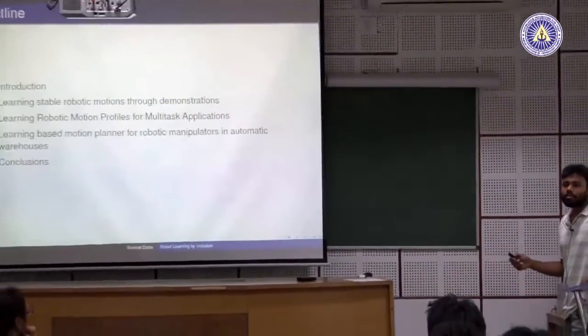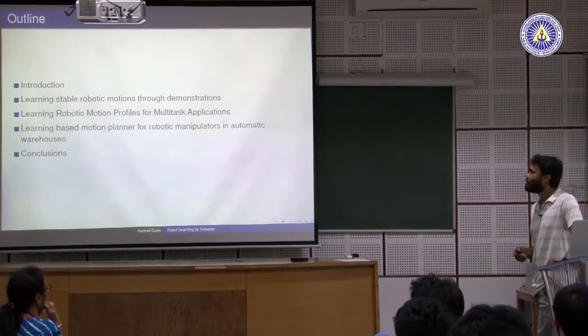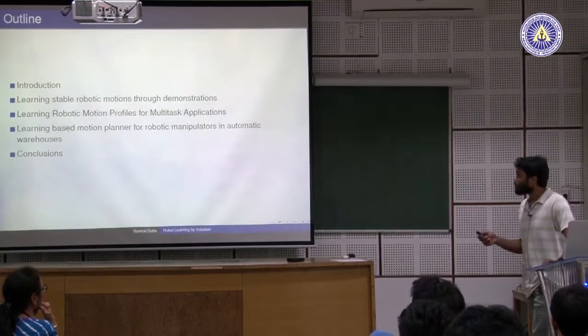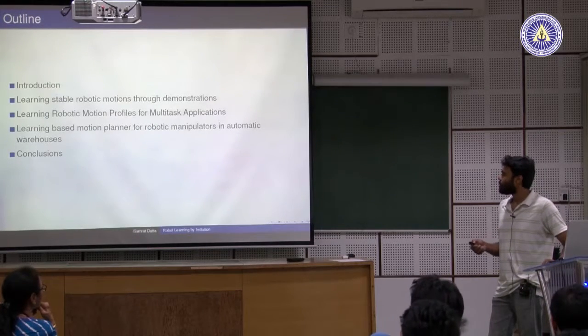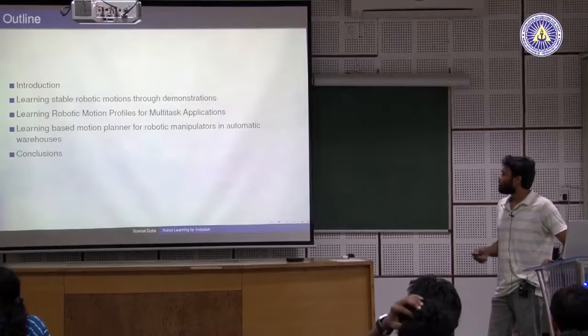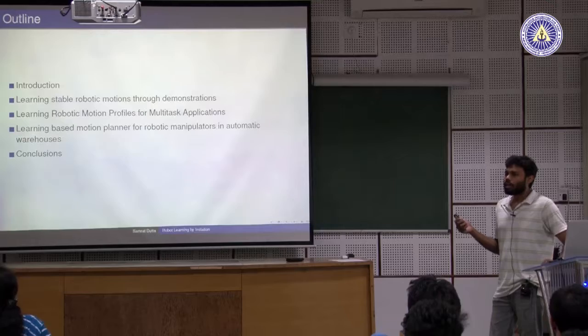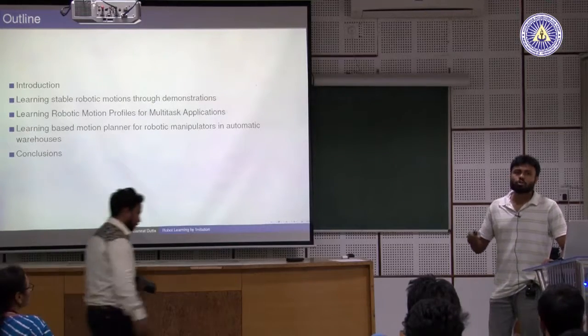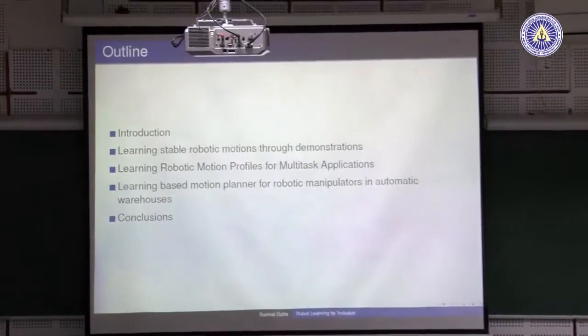First I will introduce what imitation learning is, I mean, how imitation learning can be used to learn robot motion. Then I will go to how these imitation learning approaches can be applied to learning stable robotic motions through demonstrations. Demonstrations are basically what we show to the robot, and that is how the robot learns by seeing that demonstration.